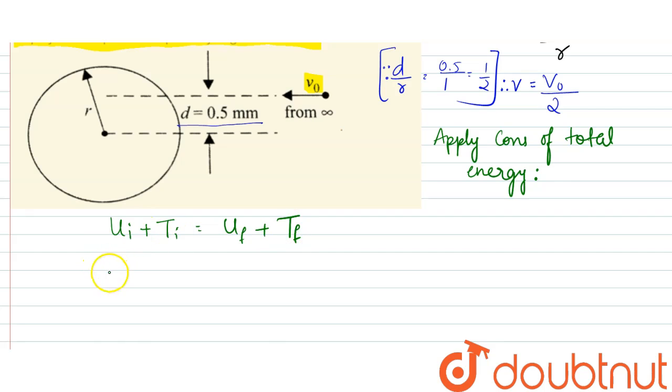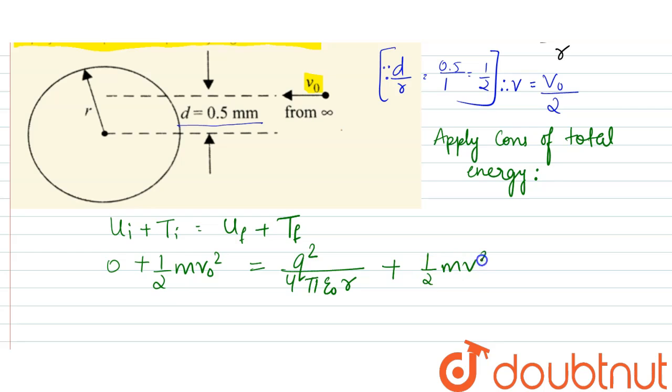Initial potential energy was 0 because it was already traveling, so it had some kinetic energy, half m v naught square. That equals Uf, which is q square by 4 pi epsilon naught r, the final potential energy, plus Kf, that is half m v square. We have found the value of v in terms of v naught.